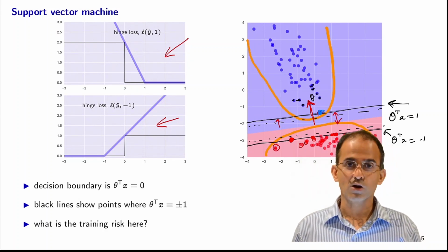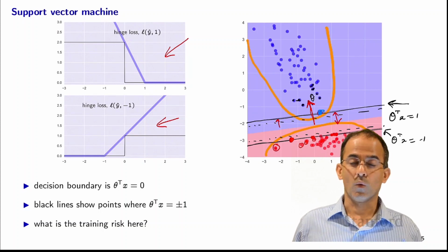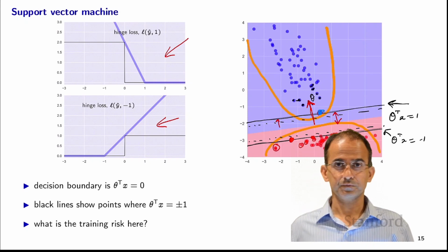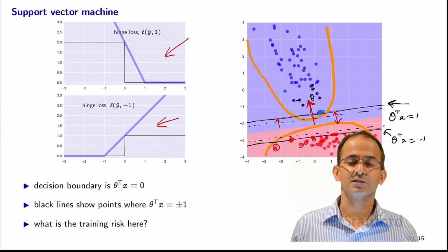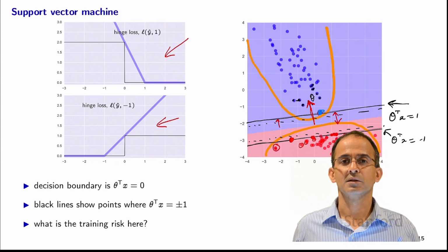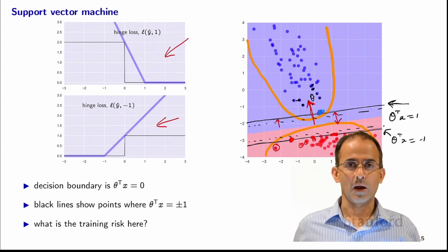So that's the margin half width, and that distance is equal to 1 over the norm of theta. Again, this is a very peculiar special case that you never see in practice because you don't have interesting problems where the classes perfectly separate.